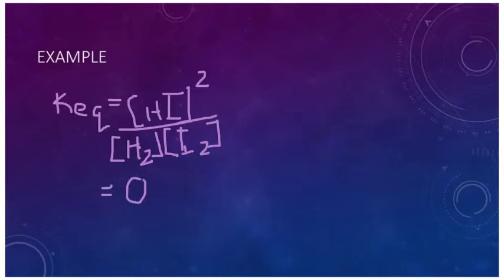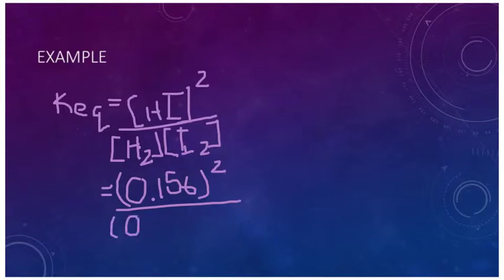So the numbers we were given before: 0.156, and that's squared, divided by 0.22 times 0.22.